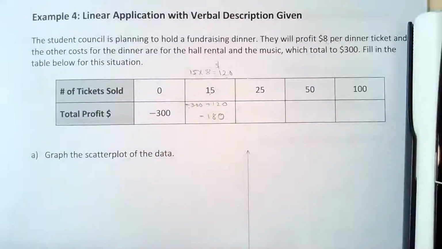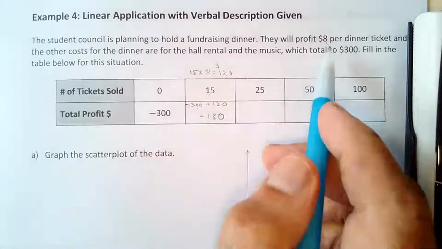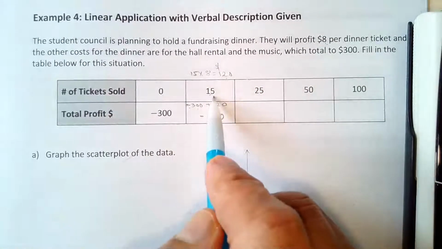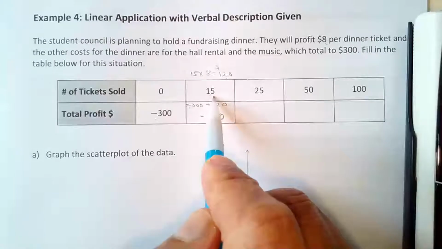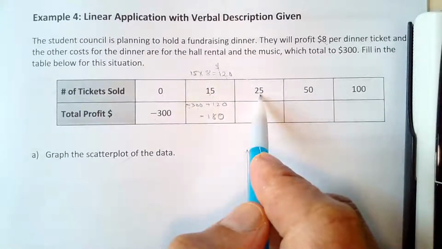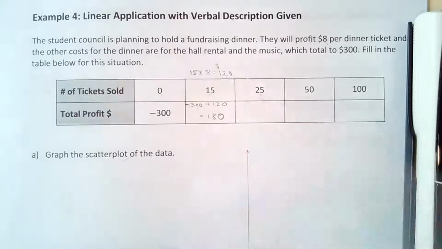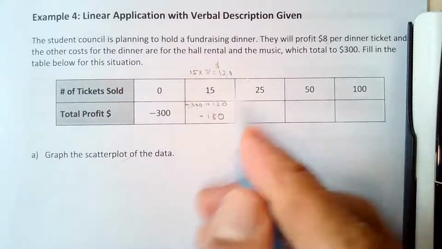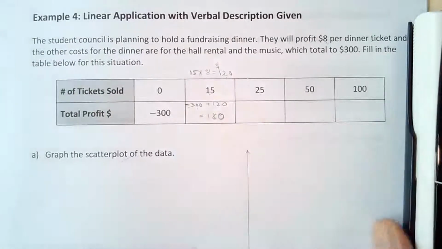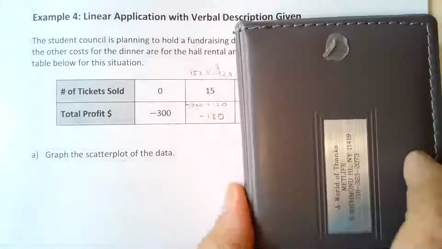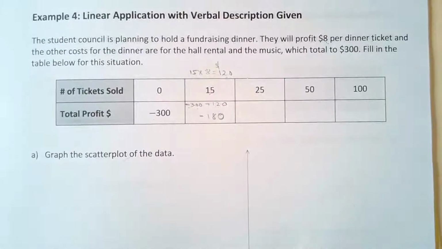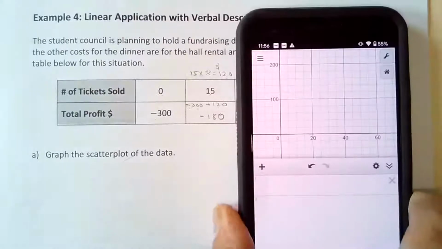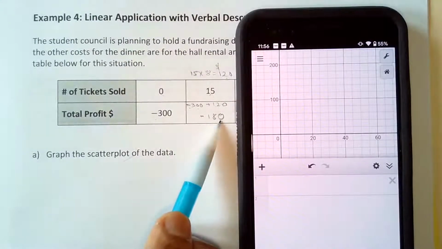Now, you've sold 15 tickets at $8 per ticket. After selling 25 tickets, how much would that be? If you had sold 20 tickets, you're still in a hole of $180.